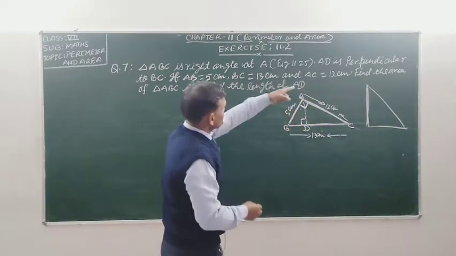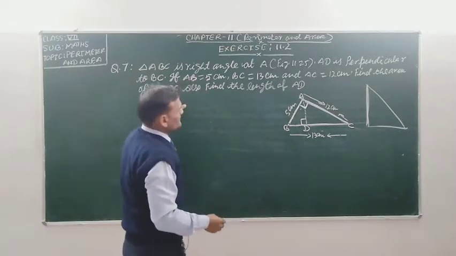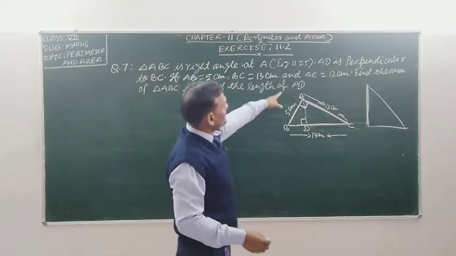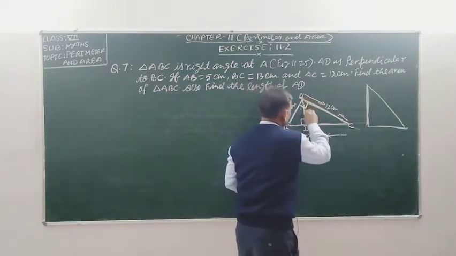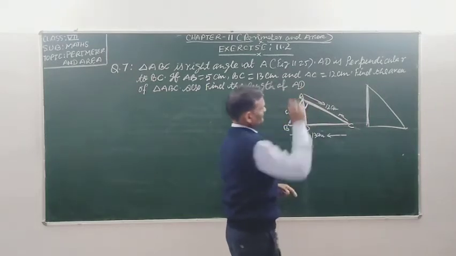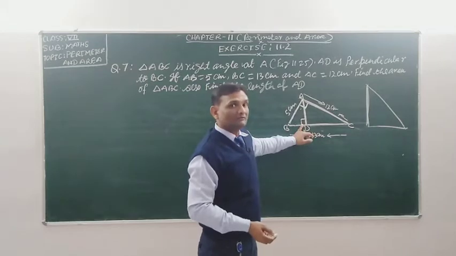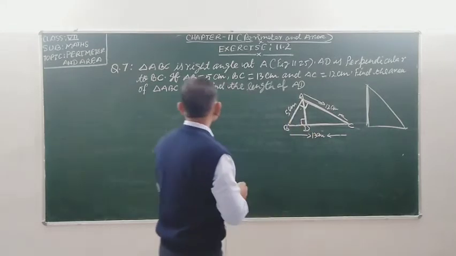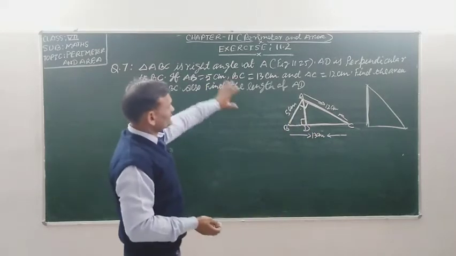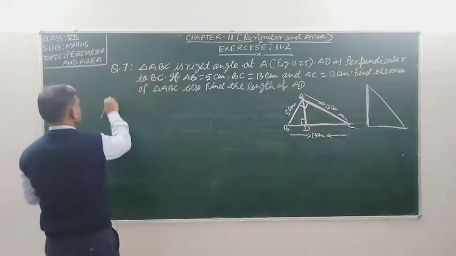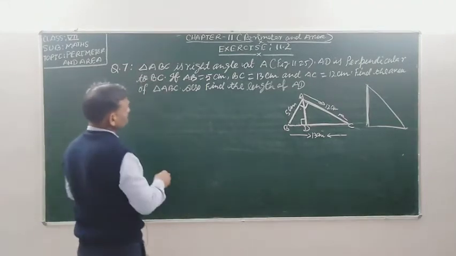So student, the question is saying find the area of triangle ABC, and also find the length of AD, the length of the perpendicular line. So which information is given in the question? Firstly, note it down. I am going to solve this question.